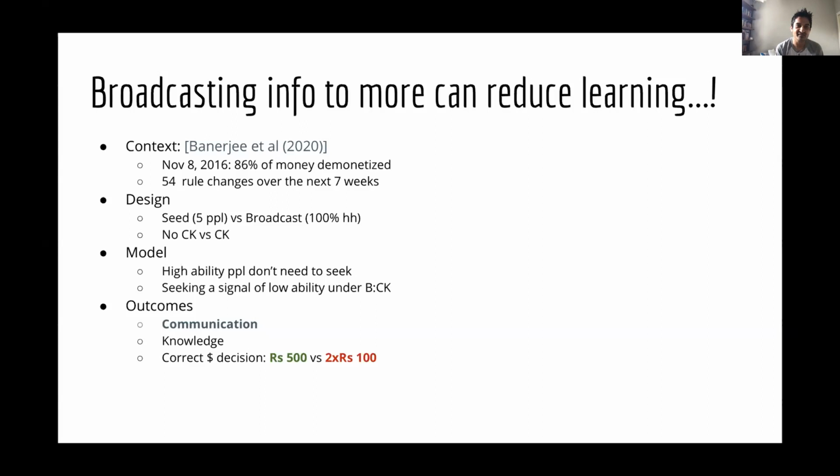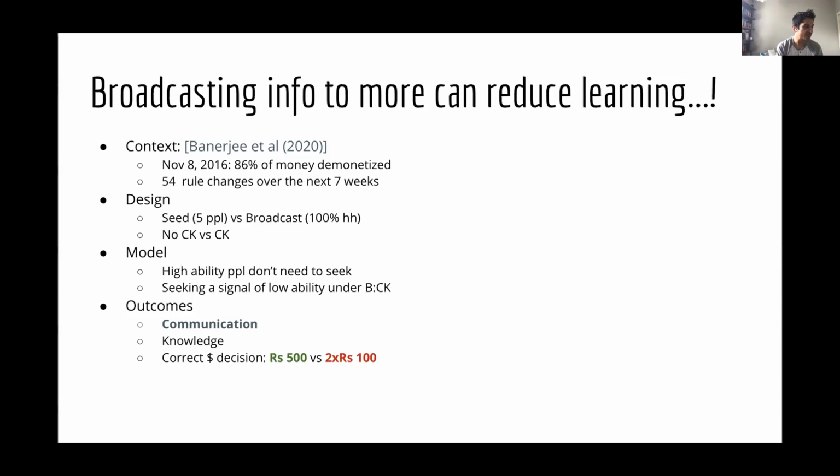But even worse, he changed the rules around this over the next 7 weeks, 54 times before the deadline, the last day to exchange your bills. So this is a context where rumors were really widespread, you might imagine. It's not for this talk to go into all the details, but 54 times is a lot. That would confuse all of us here.